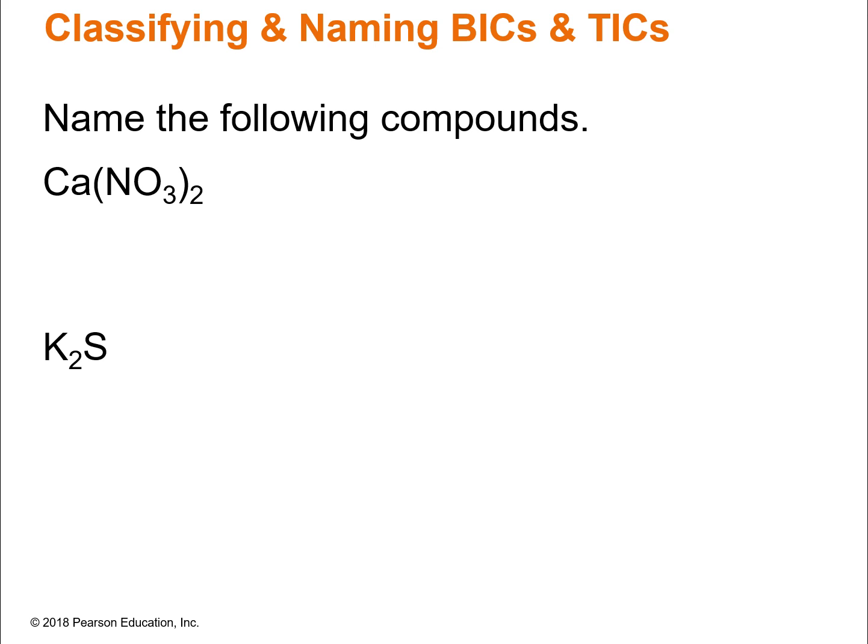What kind of compound is this first chemical formula? Ternary ionic compound. You see a metal plus a polyatomic anion. There's a total of 3 elements here.